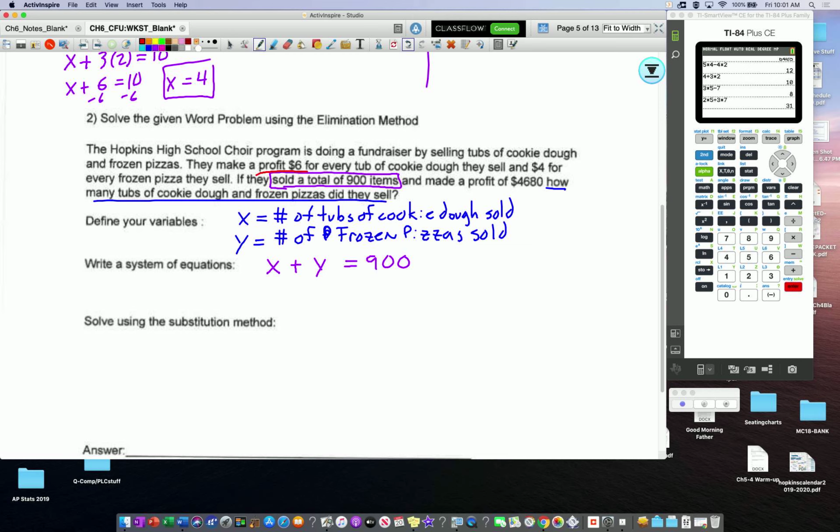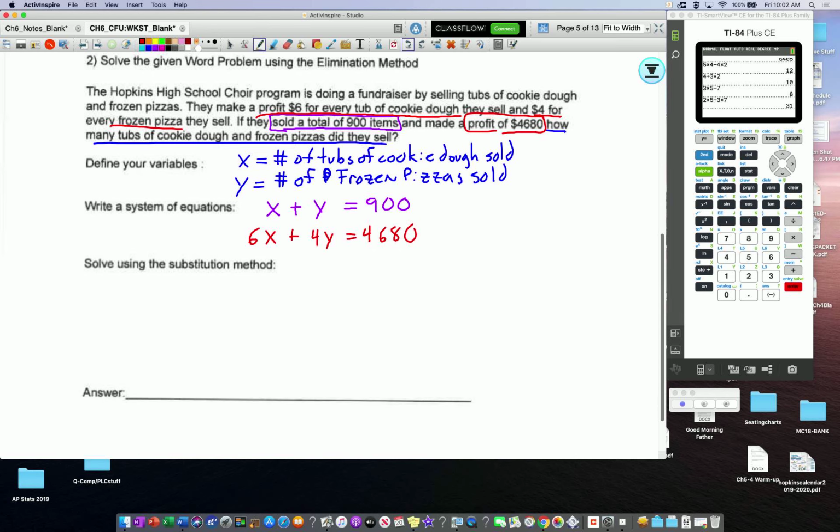So they made $6 for every tub of cookie dough, so 6x. Plus, they made $4 for every frozen pizza, 4y. That has to equal their total profit, $4,680. So now I have my two equations.